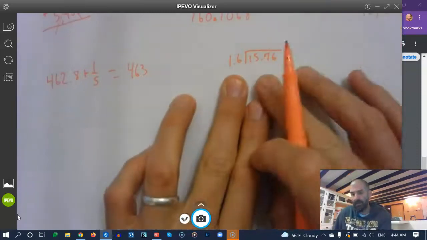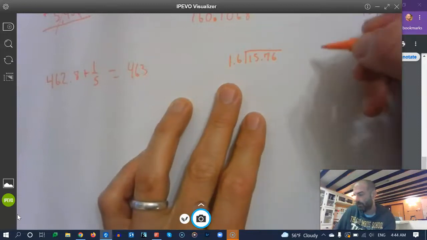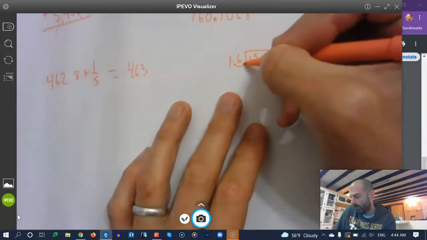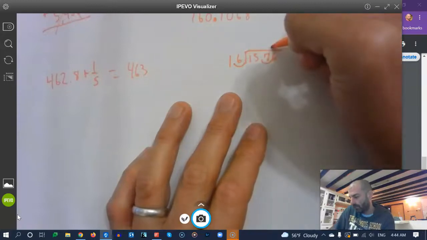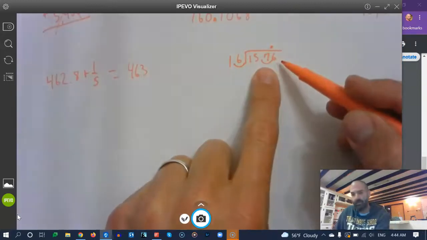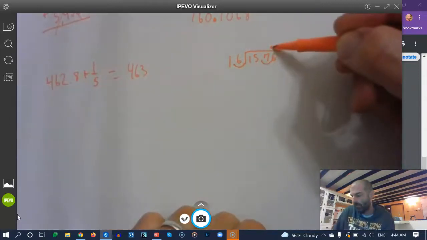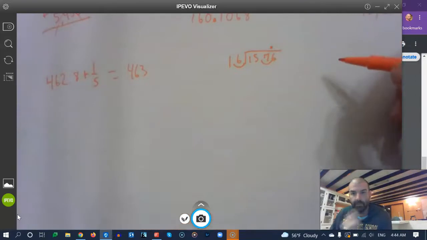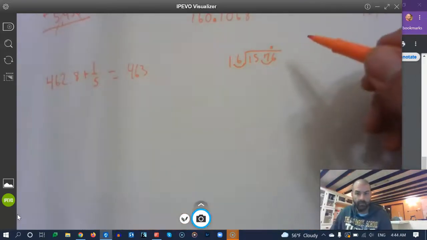So if I multiply each number by 10, I can change this problem into something a little bit more understandable, which is 157 and 6/10 divided by 16. Okay, we always want to put that decimal point up first so that we don't lose track of it. So now let's see how this goes.